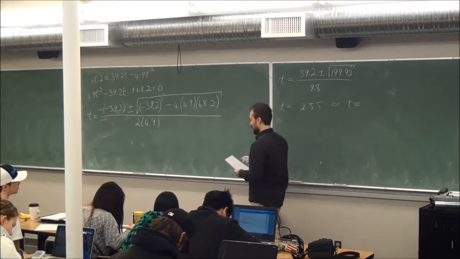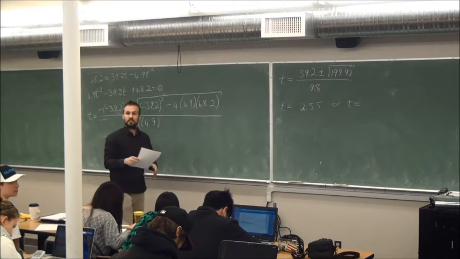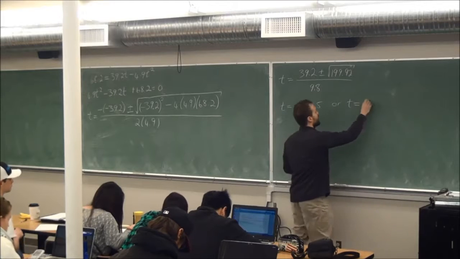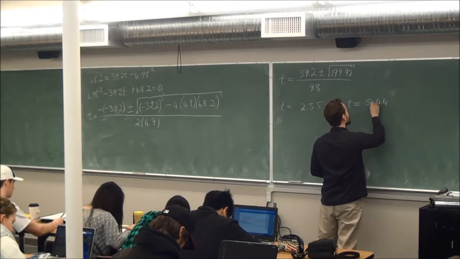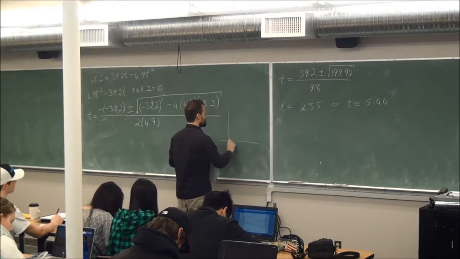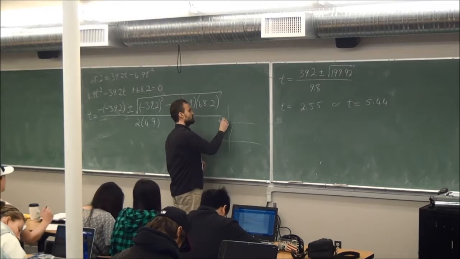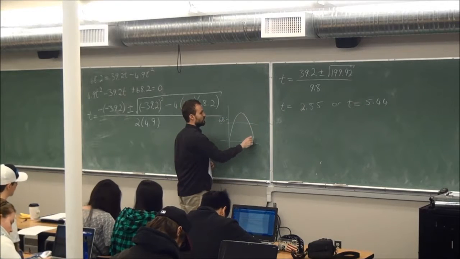What is the other time value that I get? 5.44. So as I expected, it passes the height line, 68.2, when it goes up and when it goes down.